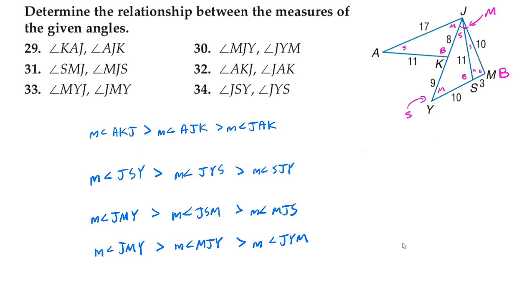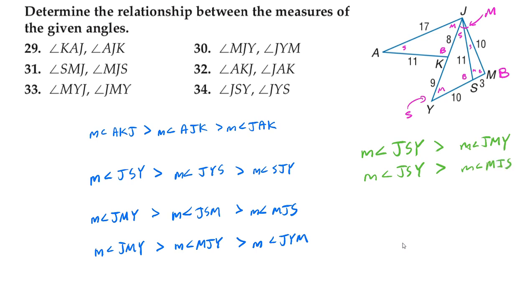So let's write those. So measure of angle JSY is equal to the sum of the other two, so it's bigger than the two remotes. So JSY is bigger than JMY, and then measure of angle MJS.